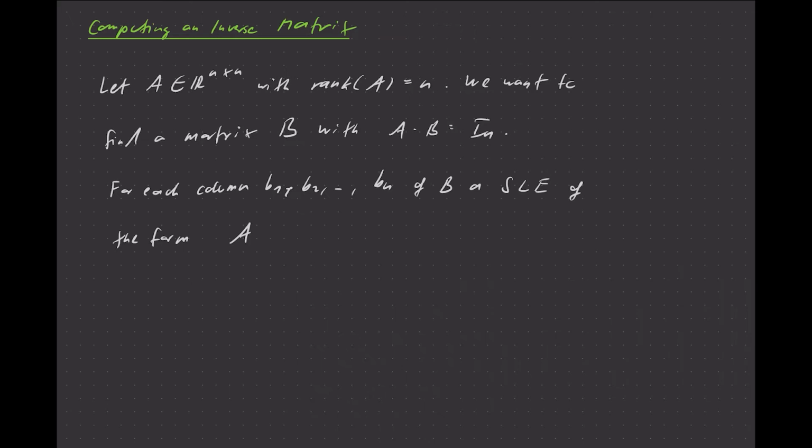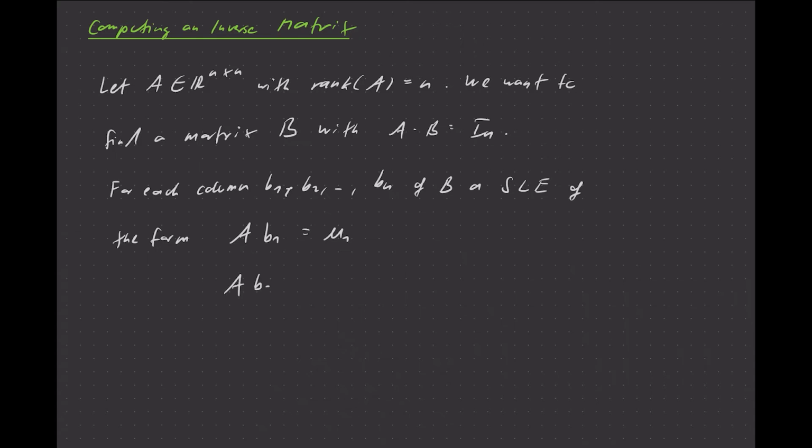What we have is this product A times B. That can also be seen as multiplying the matrix A first with the first column of B, then with the second column of B, then with the third column of B, and so on. And each of those gives one column of the resulting matrix. So if you multiply A with the first column of B, that's the first column of the result. And the first column of the result, the identity, is the first unit vector.